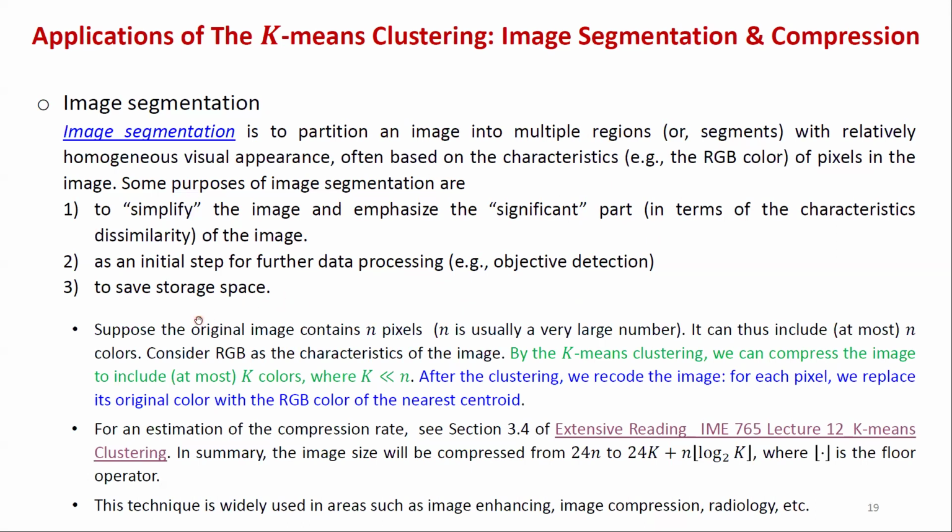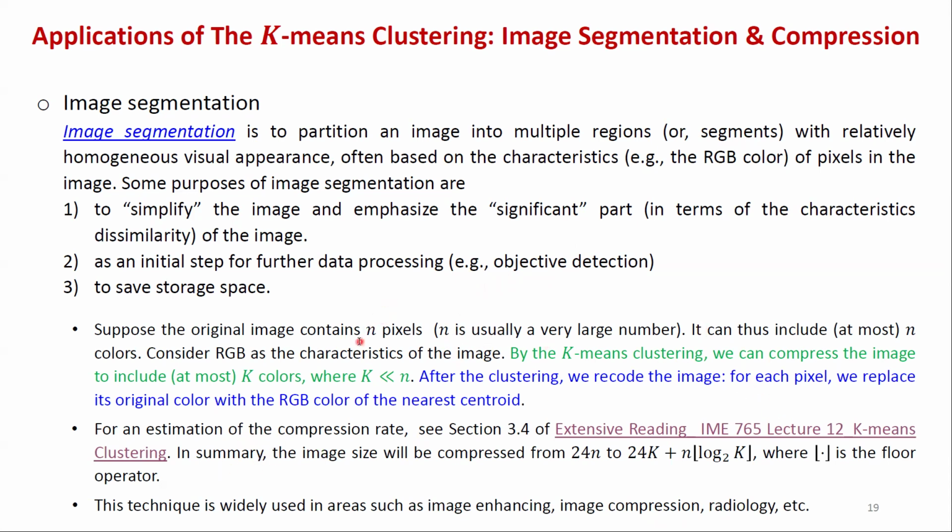Here are some theoretical things. Suppose the original image contains n pixels. Because n is usually very large, at least million-wise, could be even higher. Nowadays, the resolution is almost like 2000 by 1000, so it's easy to get 1 million, 2 million, n millions of pixels.